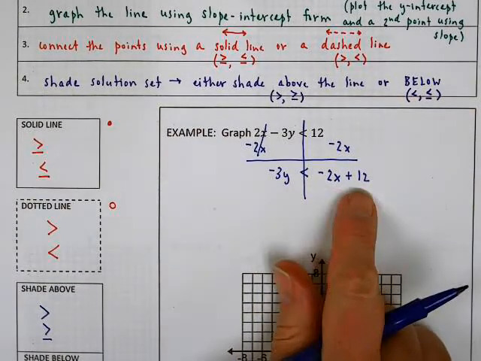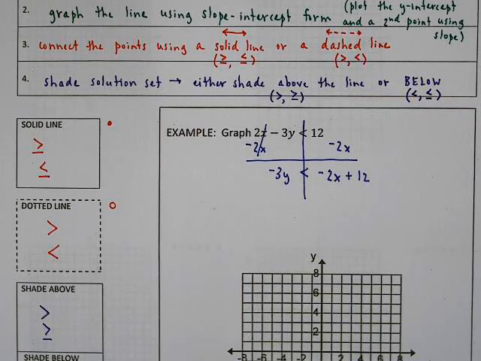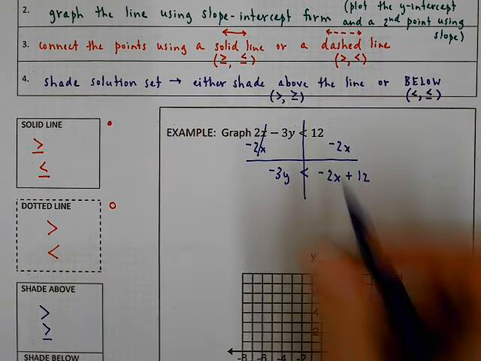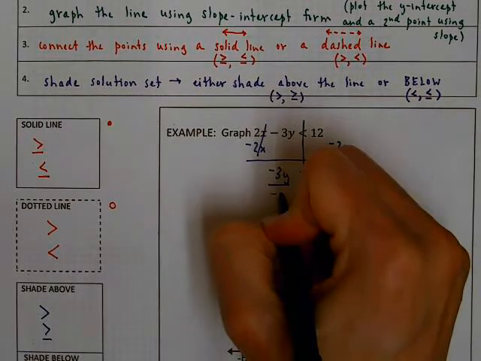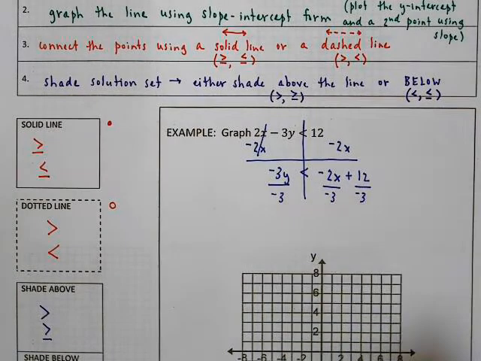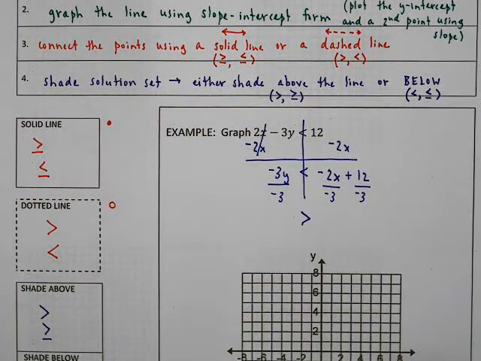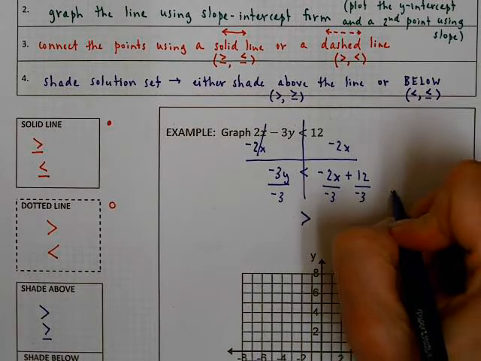I don't combine those because this has an x and the 12 does not, so they can't go together. Now the last thing I need to do is divide by negative 3 everywhere. When I do that, since I divided by a negative, I know my inequality is going to flip. So I'm going to make a note there.